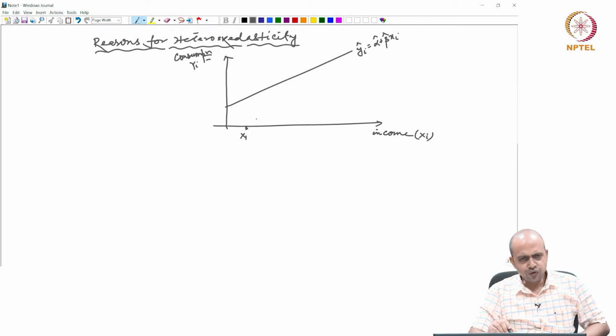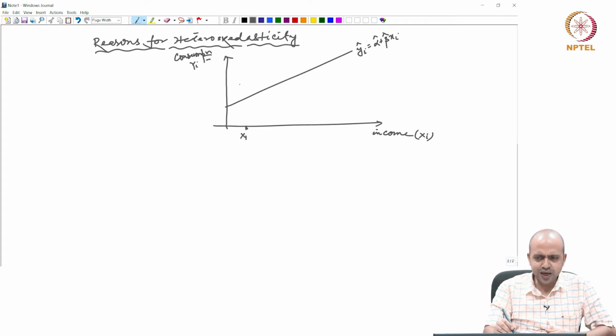So, for a given value of x at the level x1, what you will see is that some individuals' values will lie exactly on the line, that means you could exactly predict their consumption, while some individuals will lie above the line, and some individuals' actual consumption will lie below the line. So, you will have a range like this.